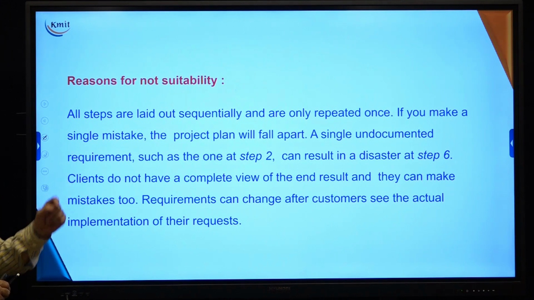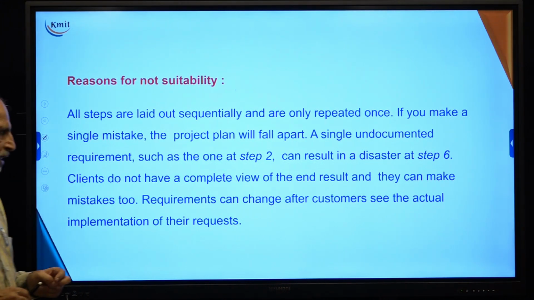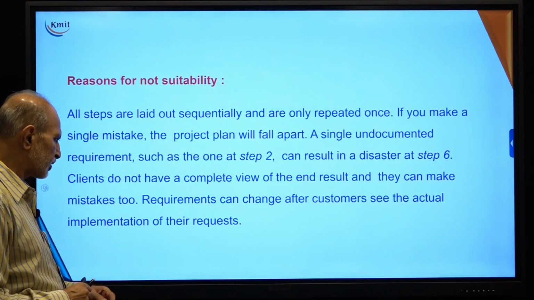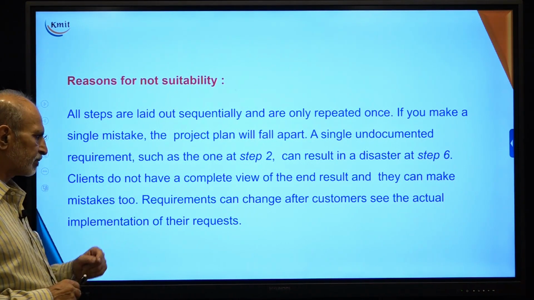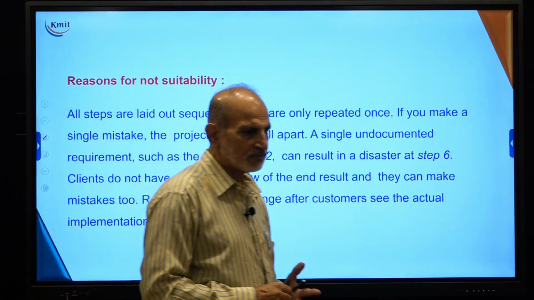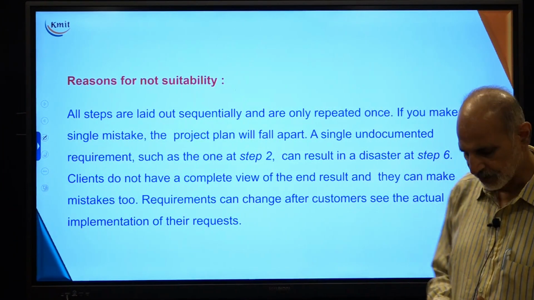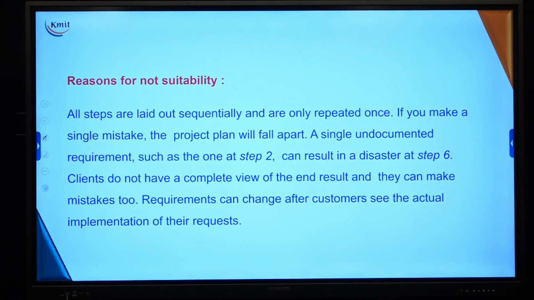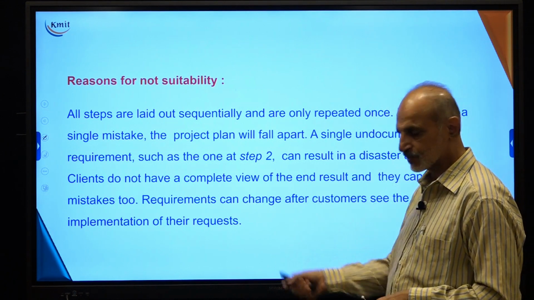The client does not have a complete view of the end result, which can cause mistakes too. Requirements can often change, and customers often see the actual implementation only on request. This is the traditional waterfall model failure rate, and it gives you a good insight into the sequence to be followed. However, it suffers from non-suitability.